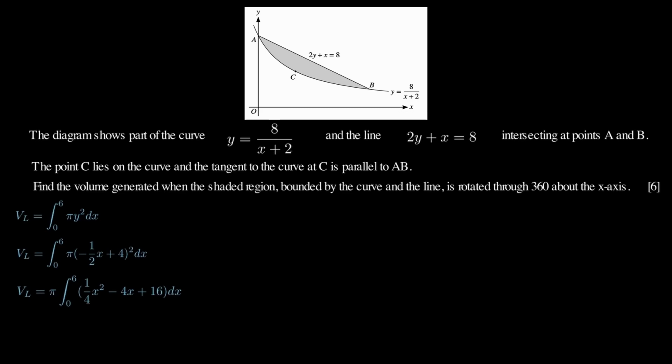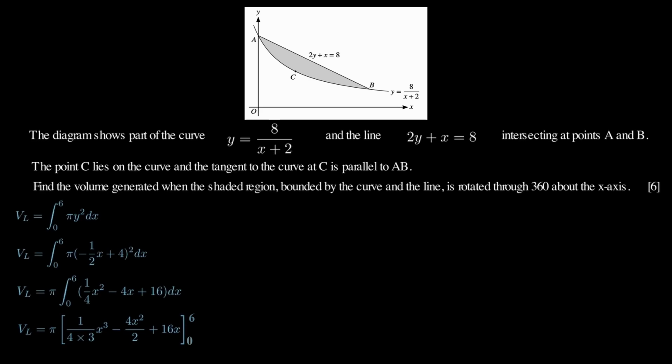Now if we integrate it, we get V_L equaling pi multiplied by, the power is going to be increased and then divided by the new power. So we get 1/4 multiplied by 1/3 of x cubed. Minus, we do the same thing to the second term. We add 1 to the power, which is going to be 2, then divide by it, so we get 4x squared divided by 2.